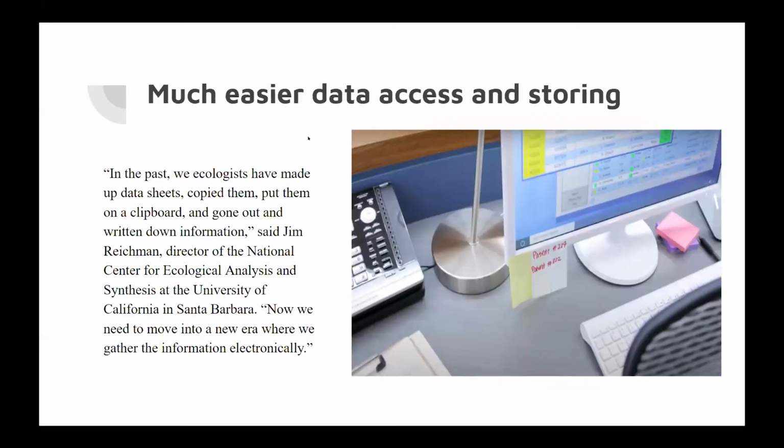Right now, we live in the 21st century, which means that we have access to all this electronic information. It's amazing. In the past, the ecologists made up data sheets and would handwrite them. And that's not a very efficient way to make and share your data.